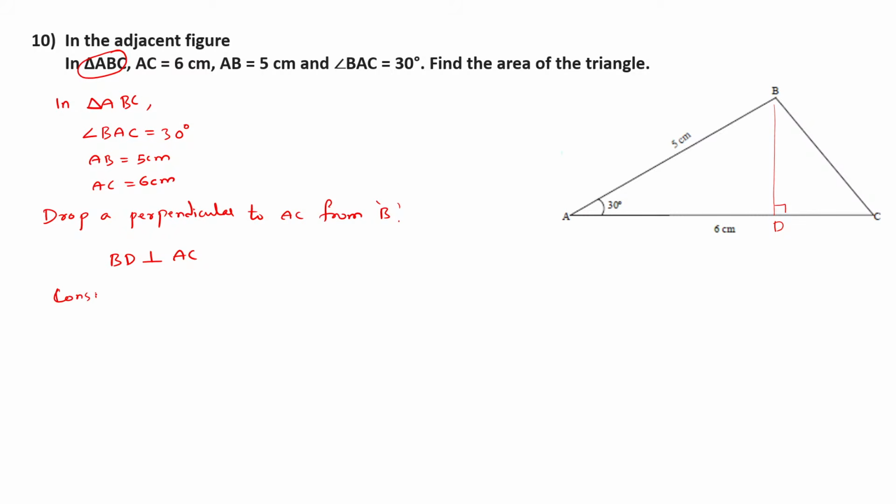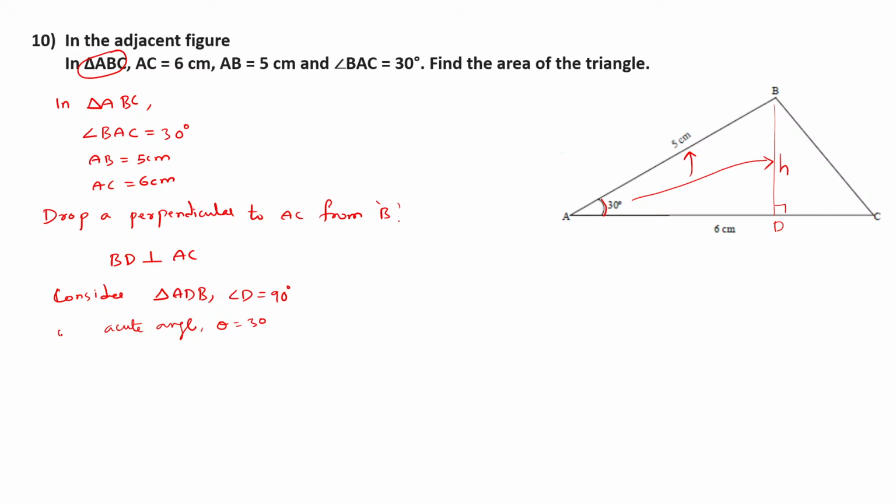So let me consider triangle ADB, in which I consider angle D as 90 degrees, and the acute angle theta is 30 degrees from the question. Now with respect to this acute angle, BD is the opposite side, and AB will become the hypotenuse.